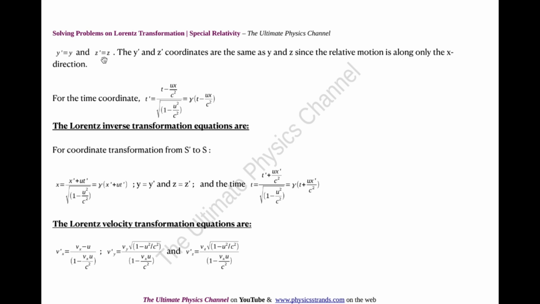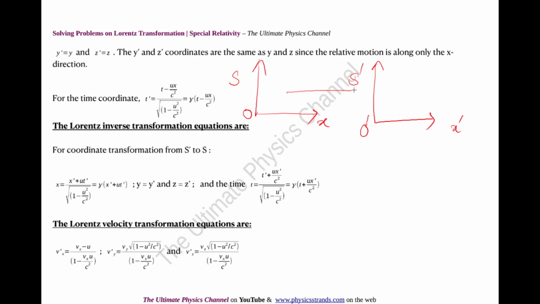Let us say this is the x direction, this is the origin of S frame of reference, and the S prime frame of reference has an origin O prime, and this is x prime.